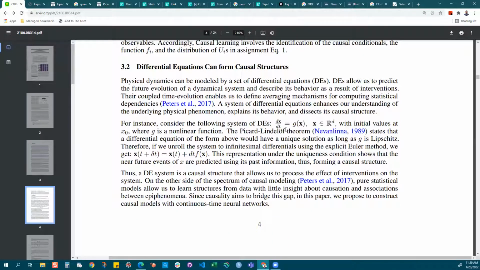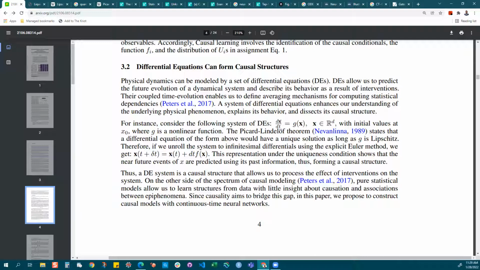And what they do is they start with a simple example, the simplest equation in differential equations: the derivative of space with respect to time, which is a function usually called speed.